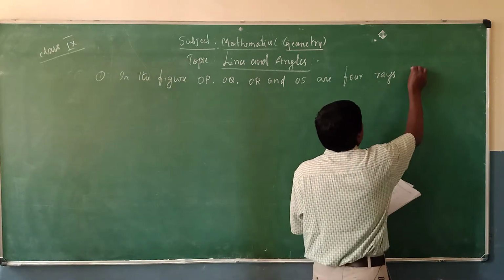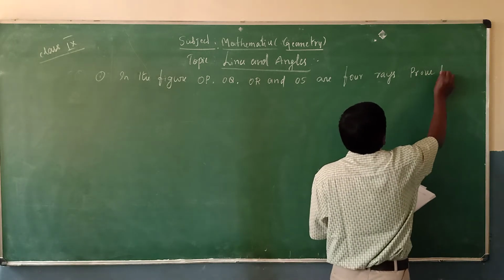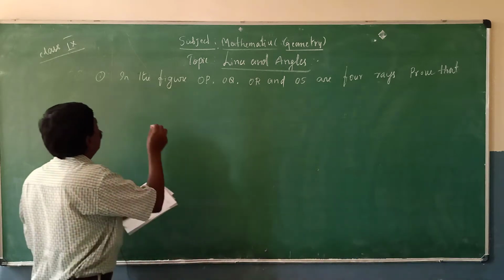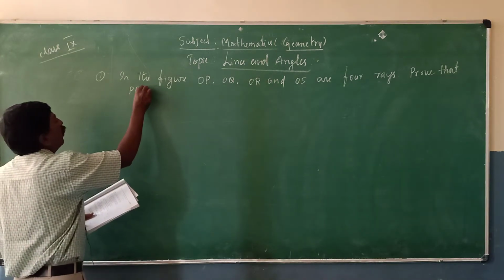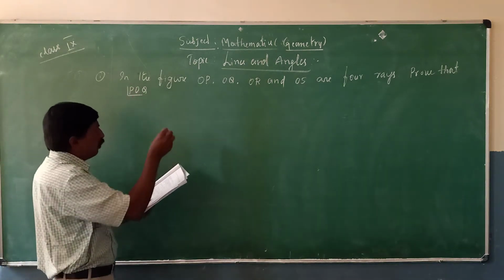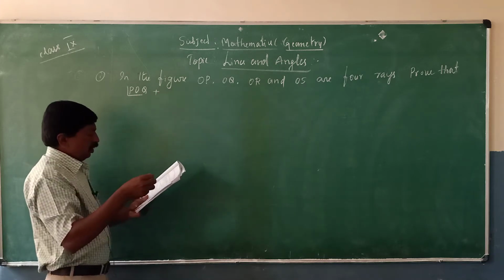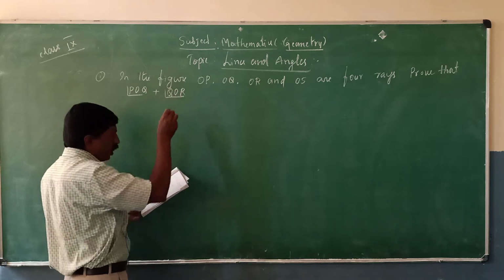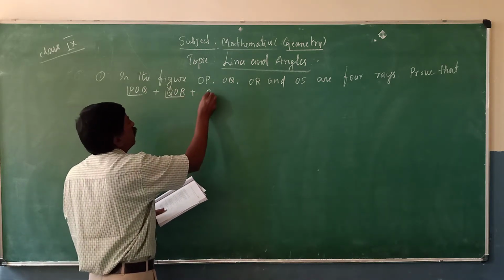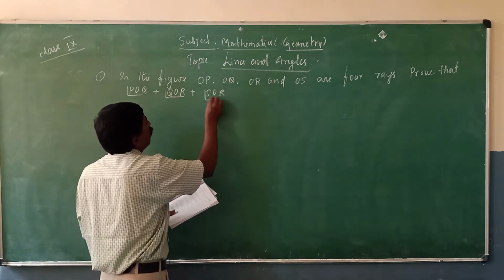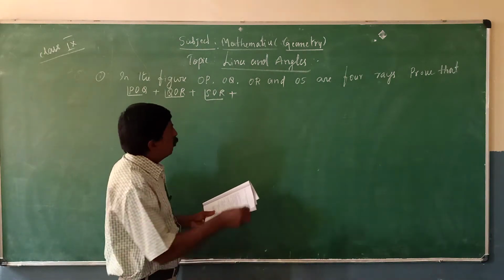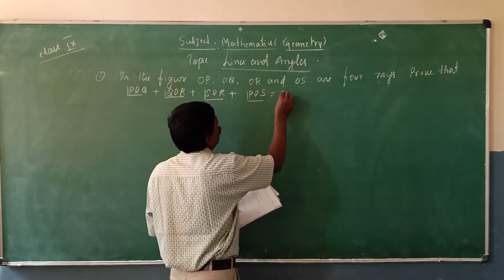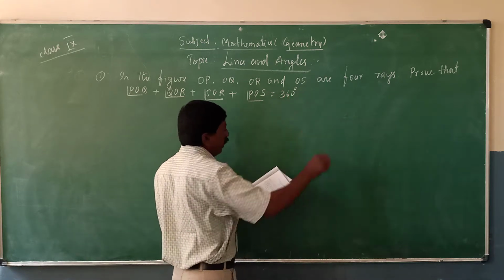Prove that angle POQ plus QOR plus SOR plus POS is equal to 360 degrees.